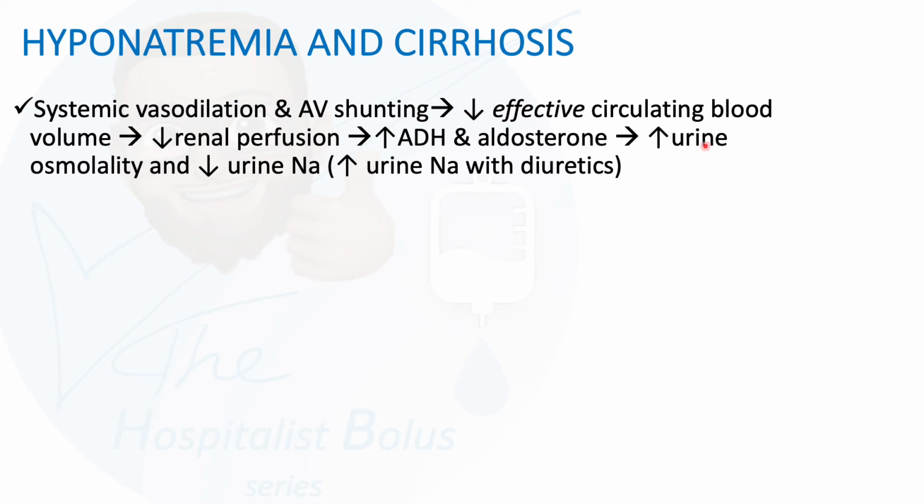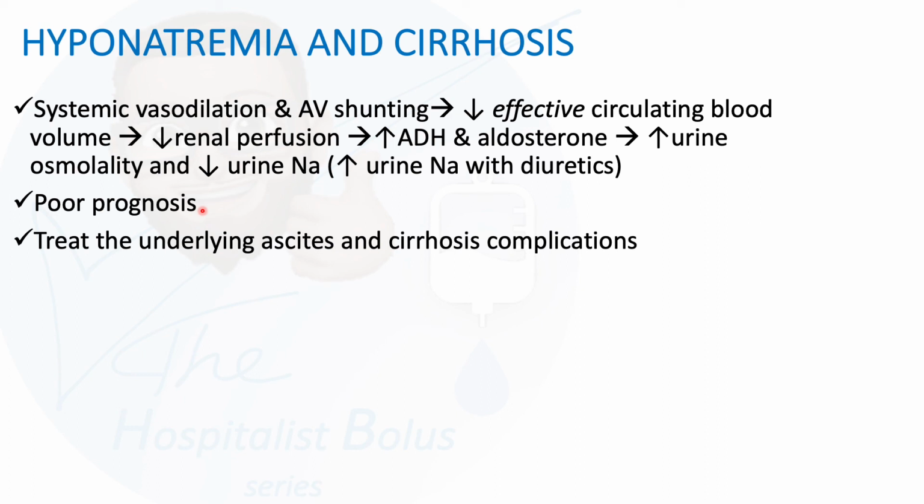And that will lead to increased urine osmolality and decreased urine sodium. But also, if the patient is taking diuretics, the urine sodium might be high. Just like in heart failure, it is generally associated with poor prognosis, and the treatment is treatment of the underlying disease and trying to control the complications of cirrhosis, treating the ascites with diuretics and paracentesis and all that.